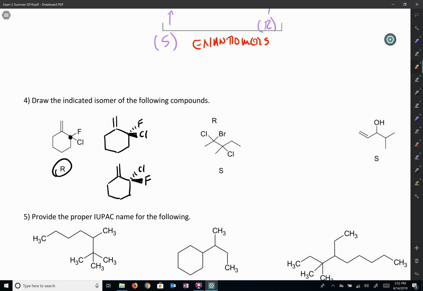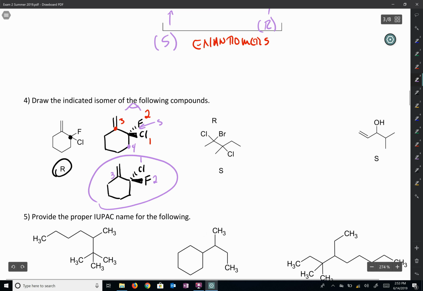So we assign based off of highest atomic number, highest Z. Chlorine's going to be 1, fluorine's going to be 2, and then that carbon right there is going to be 3, which means this one right here is 4. If you imagine yourself looking down on this so the 4 is away from you, you can see that this is going to be the S version, which means that one there is going to be the R version.